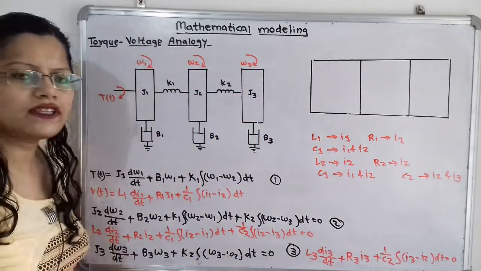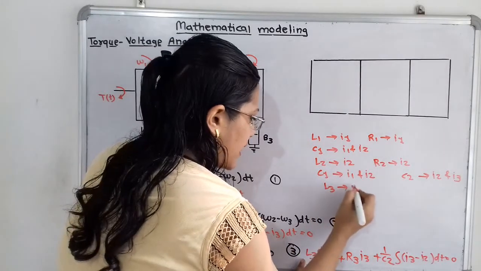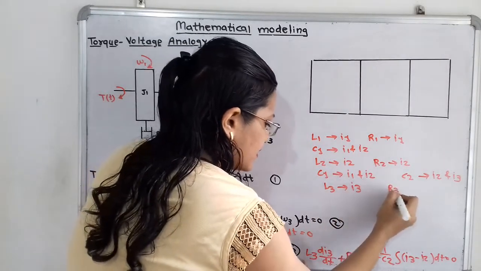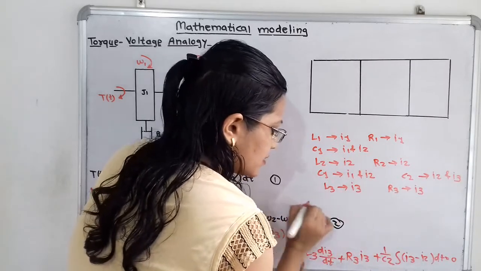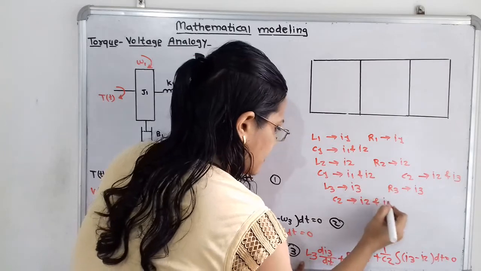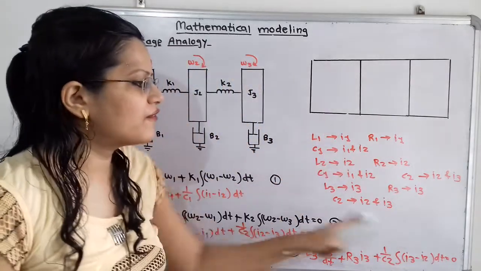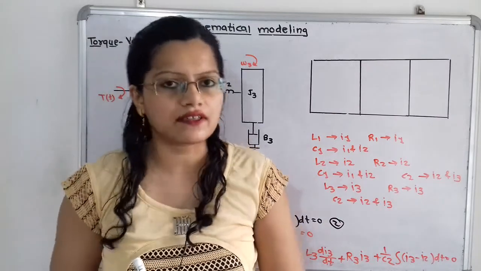Now we move to the third differential equation. L3 is along current I3, R3 is along current I3 and C2 is in between I2 and I3. Now this is the rough data and it will help us to draw the analogous electric circuit.